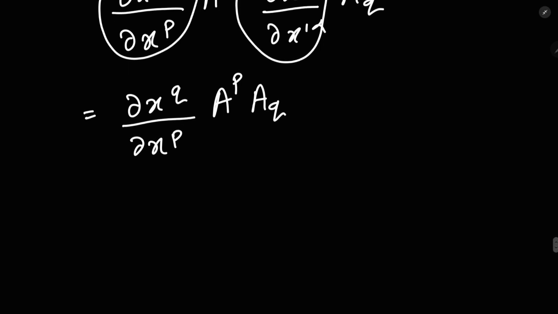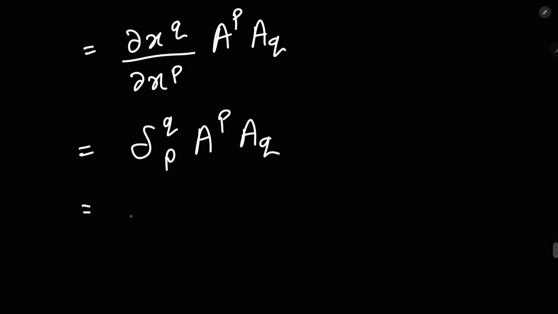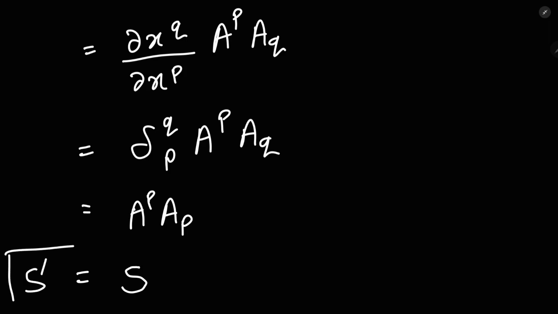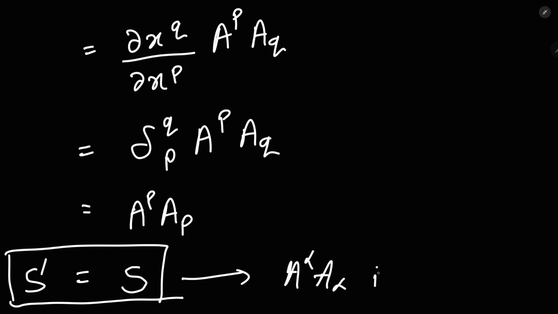Now as seen previously, this is nothing but Kronecker delta QP A^P A_Q, and this product just gives us A^P A_P. And this is nothing but our S that we started with, so we get S' is equal to S, and this just proves A_alpha A^alpha is a scalar, that is a rank 0 tensor.